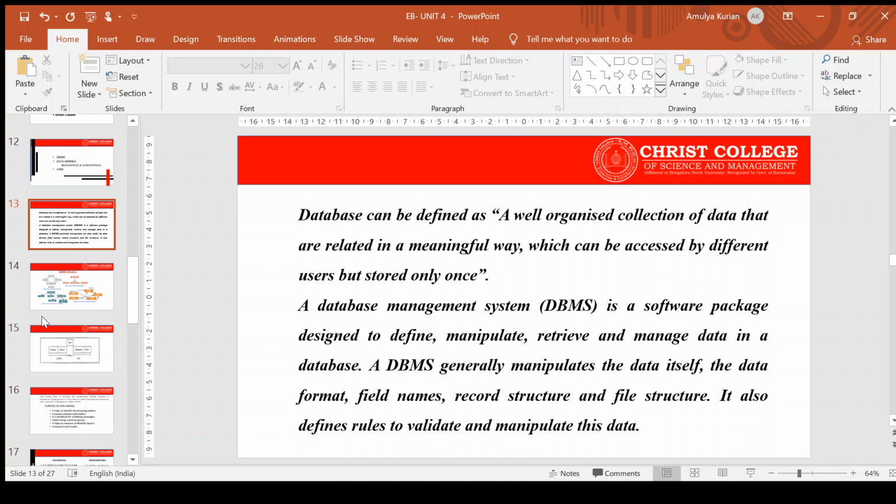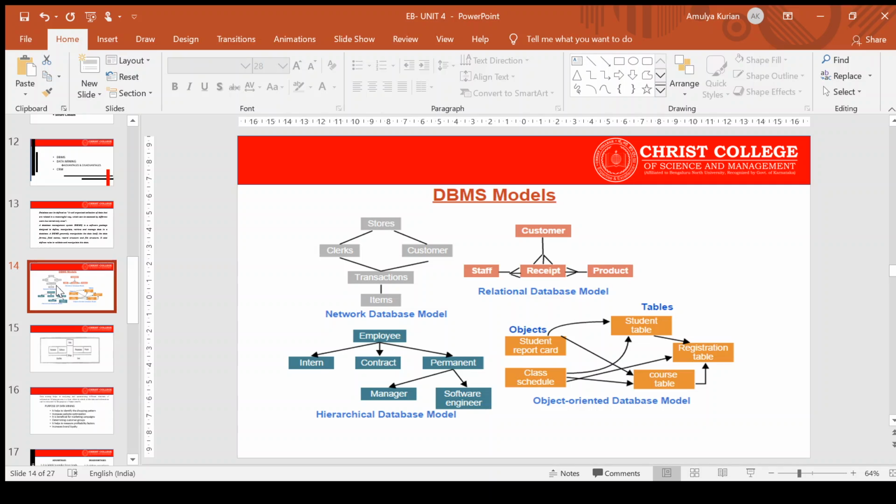So this is what we studied in computer application. So now the different types of database management system models. I think you will be familiar with this figure. Data network database model, relational database model, hierarchical database model, and object oriented database model. So please brush up on all the points which we studied last semester.